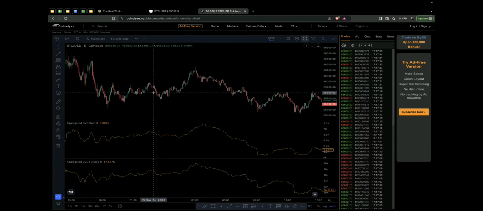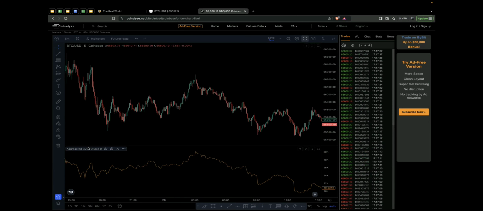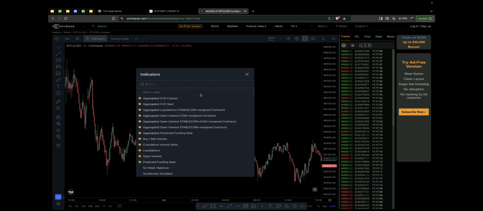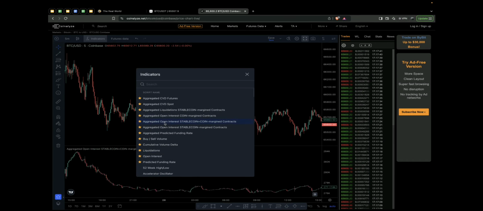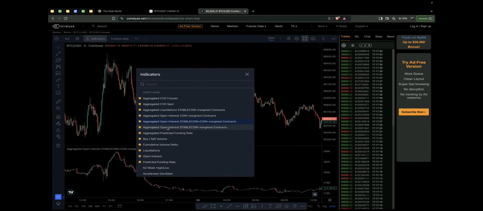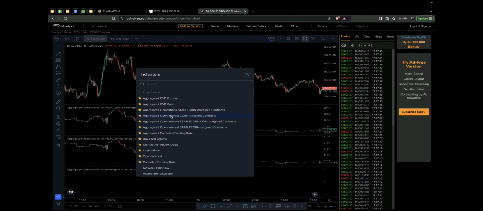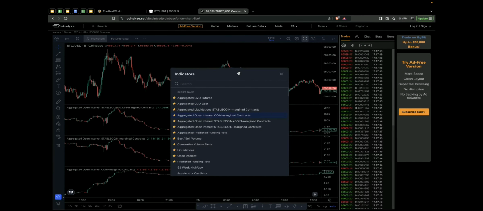Over on Coinalyze, it's the same thing, it just looks slightly different. You have aggregated open interest, stablecoin plus coin margin contracts. So that's both of them. Or you can just break it into stablecoin or coin margined. They're just two different types, whether you use stablecoin as your collateral, like USDT, or you use Bitcoin itself.